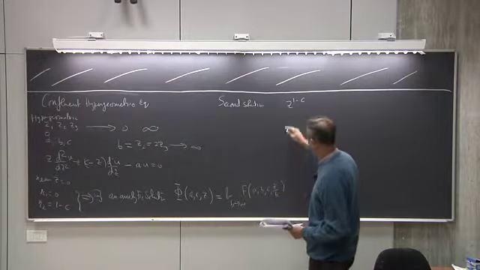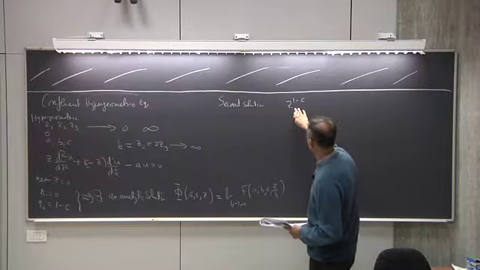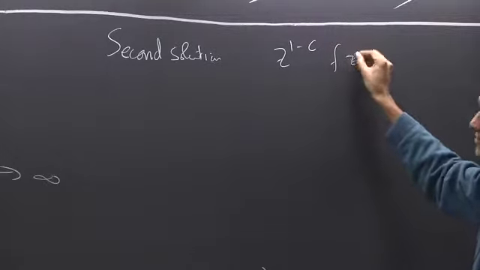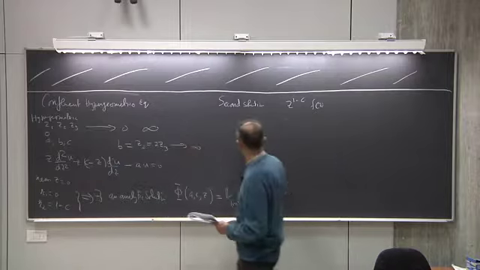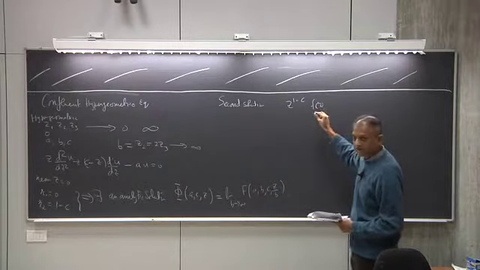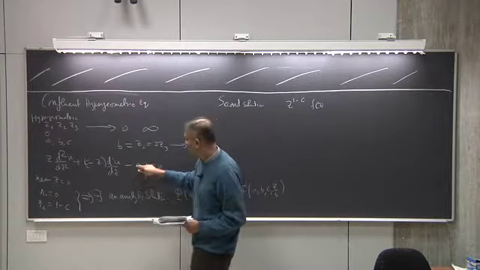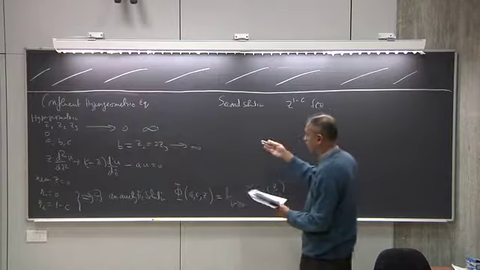And once again, you can just do the same thing that we were doing before for the hypergeometric. You write the second solution as this times some analytic function f of z. Substitute that back here, and you will find a differential equation for f. And that differential equation again turns out to be of the same form, except this a and c will change. And you can read off what it is.